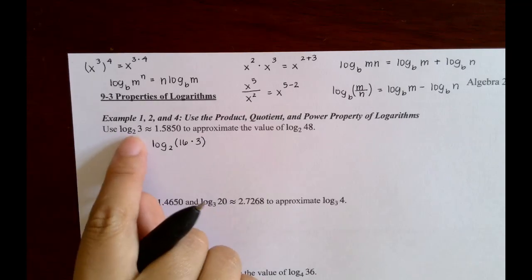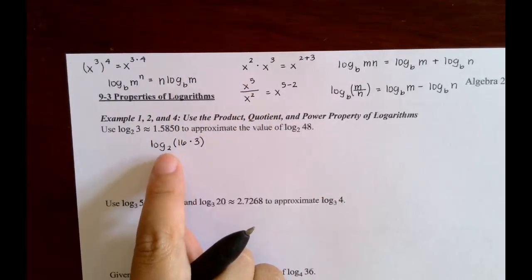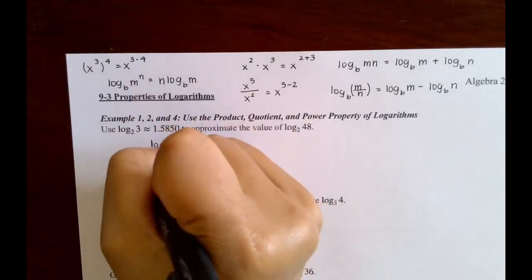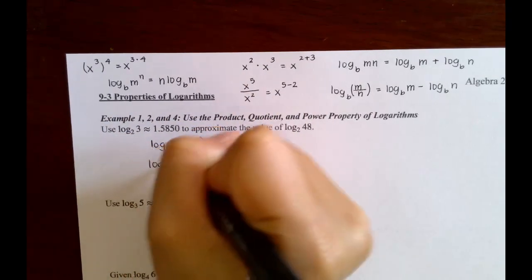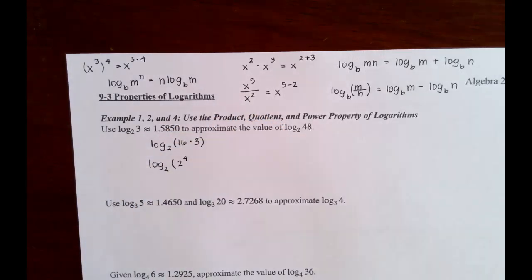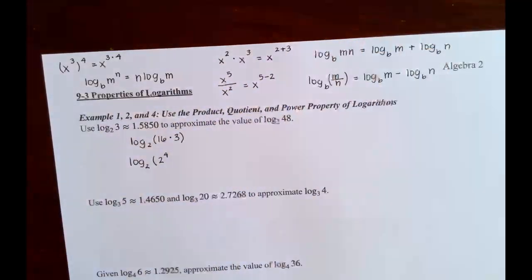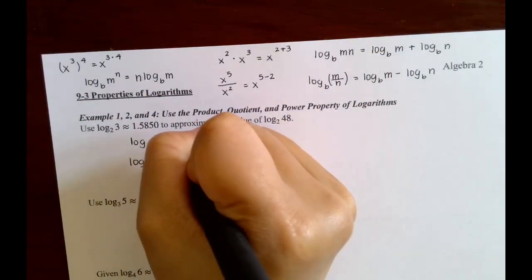So note that we have this log base 2 of 3 now. 16, I can rewrite in terms of base 2. So log base 2 of 16, 16 can be written as 2 to the 4th: 2 to the first is 2, then 4, 8, 16, so 2 to the 4th is 16.